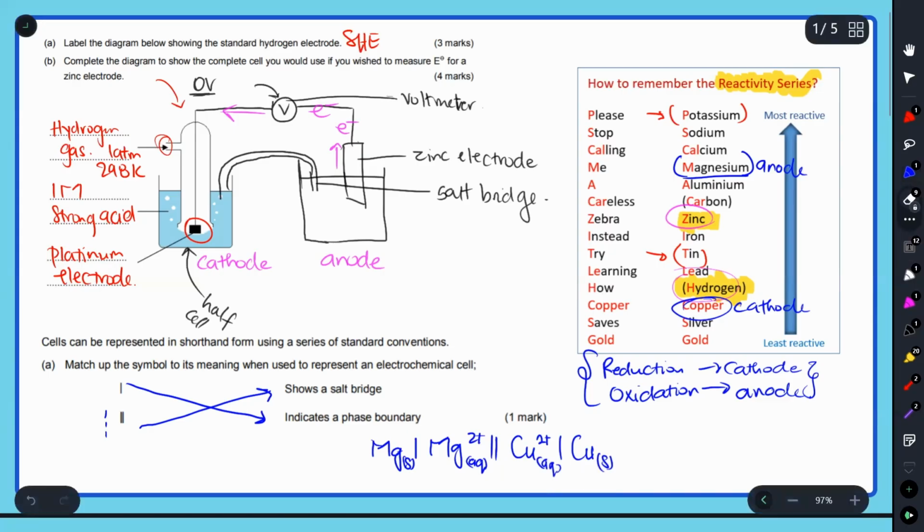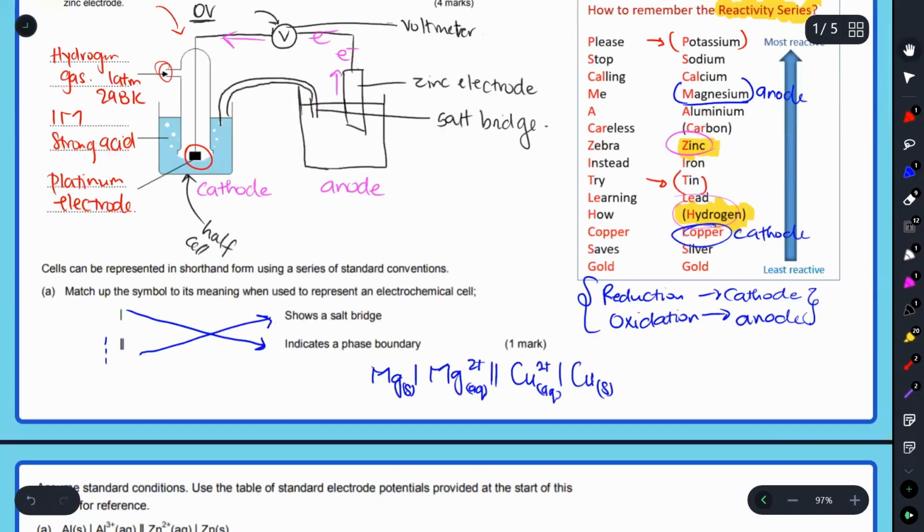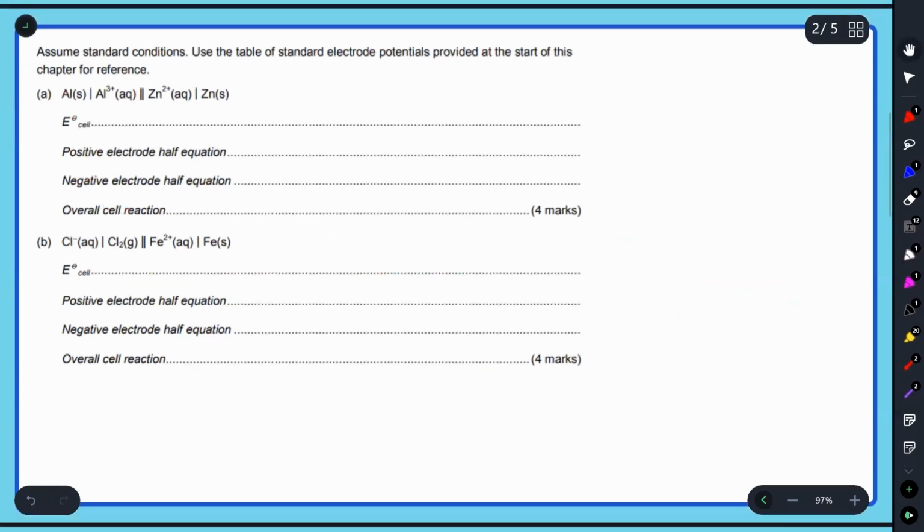All right. I think the next thing up is some calculations. So, or not, we're still dealing with the half equations and the different electrode potentials. So they want you to assume standard conditions for all of these. And you can use the table for standard electrode potentials provided to get the values and work these out.